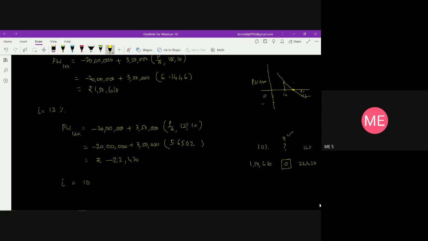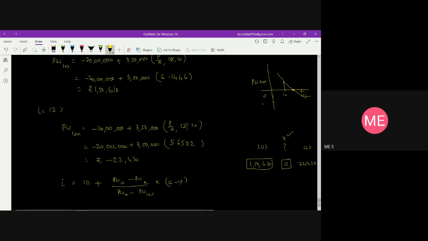So at 10% plus, because we use interpolation here, the present worth at 10% minus the present worth at x, divided by the present worth at 10% minus the present worth at 12%, into the difference in the percentage, that is 12 minus 10. By using this way, I can find out the I value.